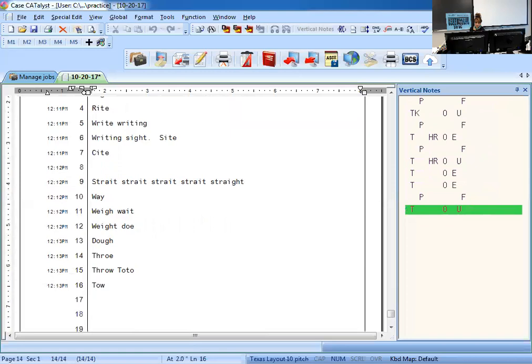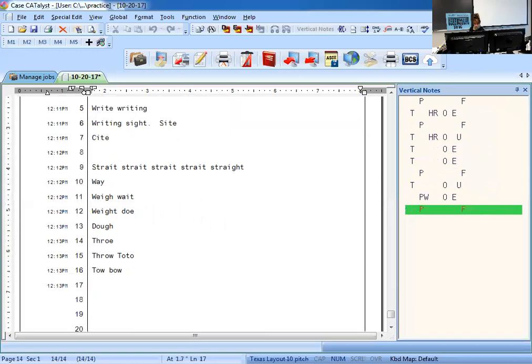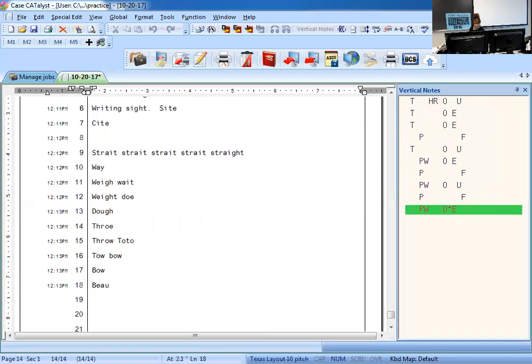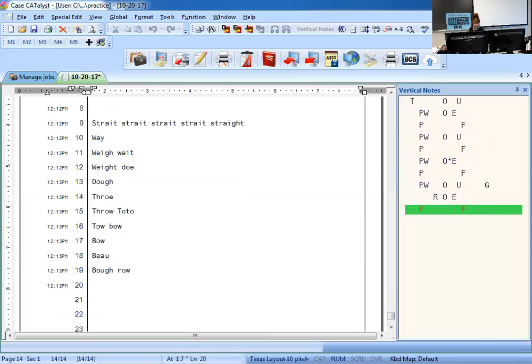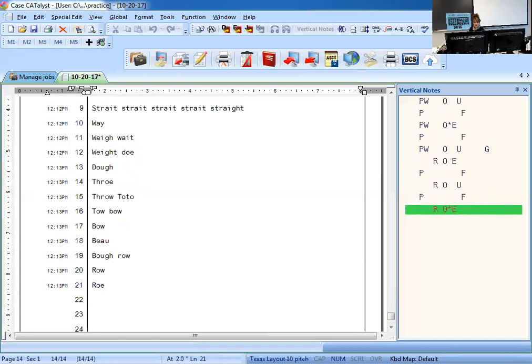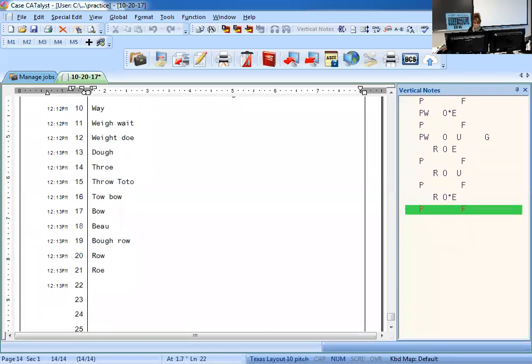Going down, bow, B long O. Bow, B-O-U, bow, B long O with an asterisk, and bow at take advantage, B-O-U-G-H, put the G in there. Okay? Row, R-O-E, row, R-O-U, row, R long O with an asterisk.